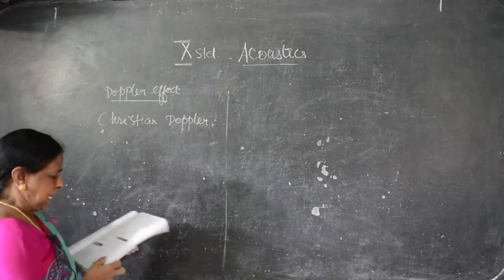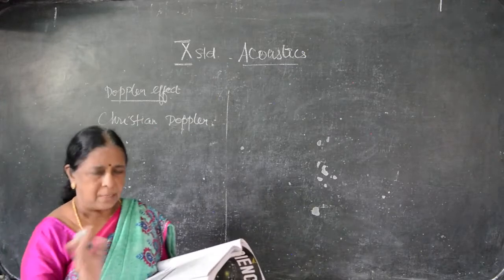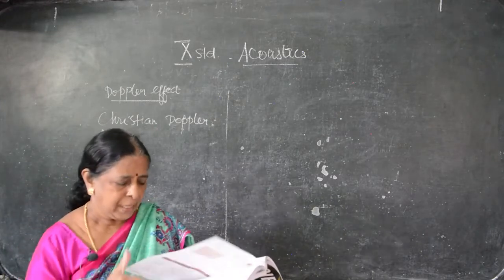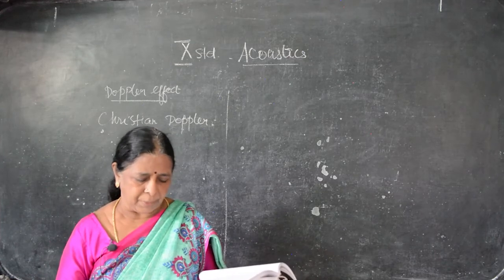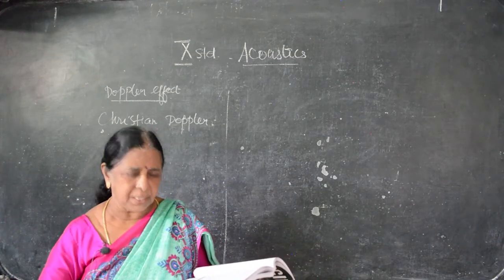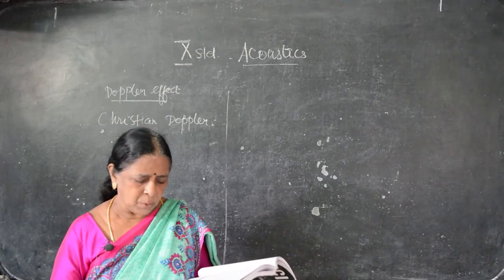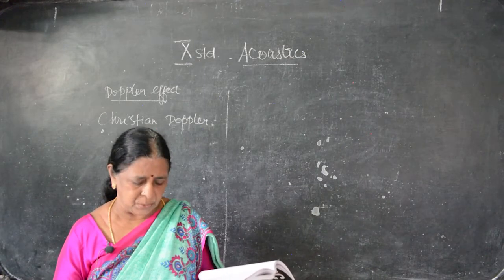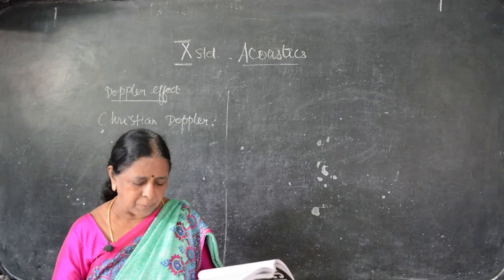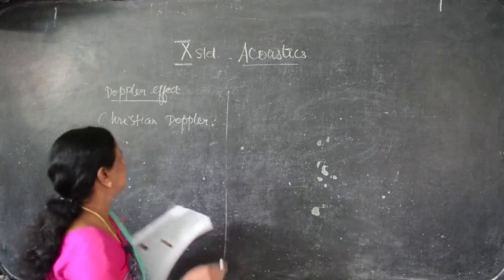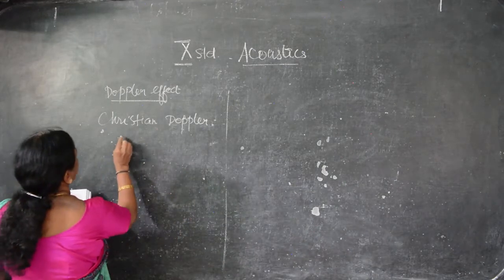Christian Doppler found out the change in the hearing of sound, and it is known as the Doppler effect. He was an Austrian mathematician and physicist. He observed that the frequency of the sound as received by a listener is different from the original frequency.